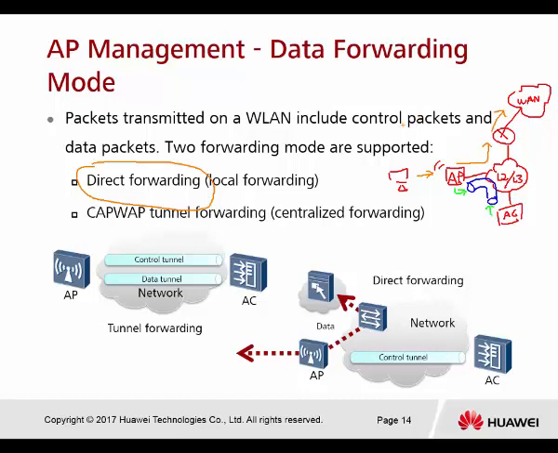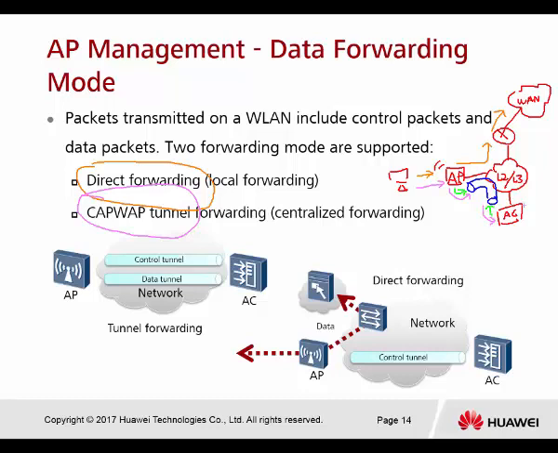Just take note. And the next one, if right now I select the CAPWAP tunnel forwarding, the user data will first be delivered to the AP. But because right now I'm doing the tunnel mode, the packet has to enter the tunnel first and then go back to the controller.